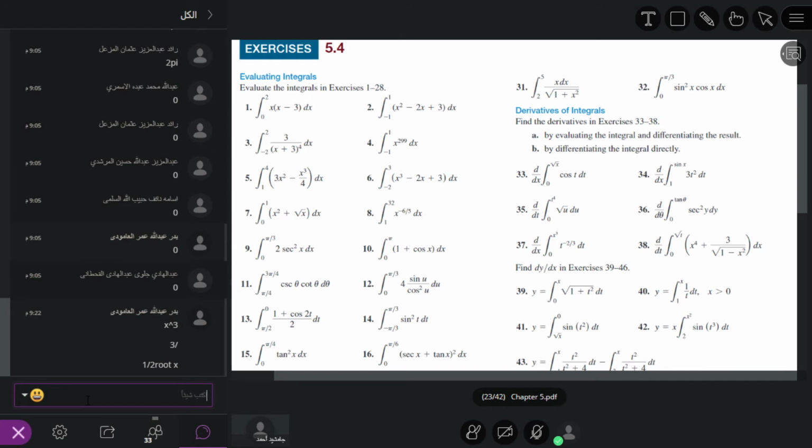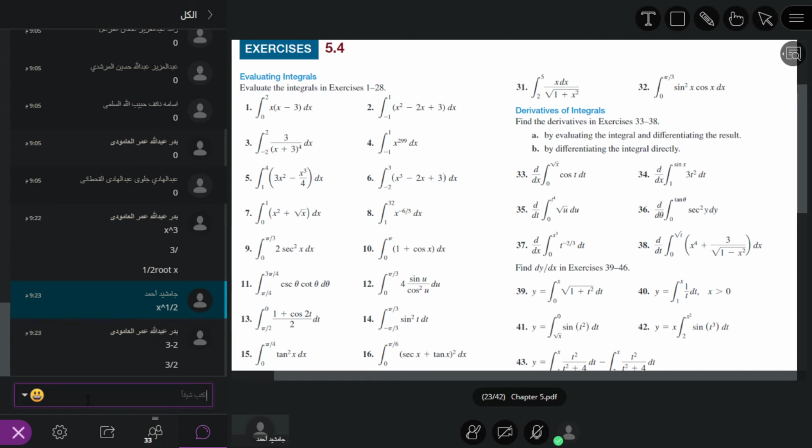So whenever we take its antiderivative, we increase 1 in the power and divide by the whole power. So 1 by 2 plus 1, how much? Yes, 3 divided by 2.